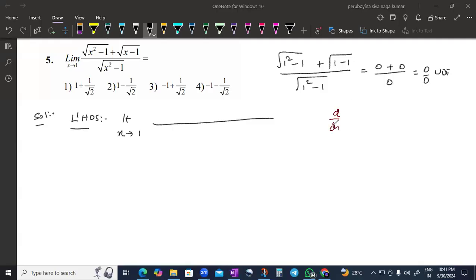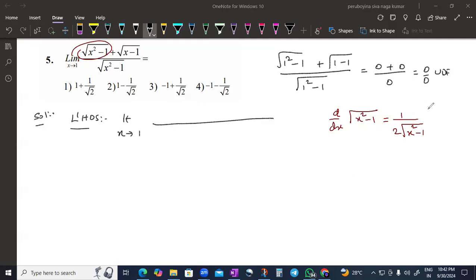So d by dx of, first I am doing this part, root of x square minus 1. What is the derivative of this? Root x derivative, we know that it is 1 by 2 root x. So 1 by 2 root of x square minus 1. And it is not x. We thought it is x, that x square minus 1 was considered as x.